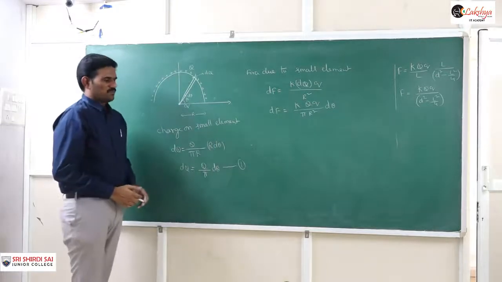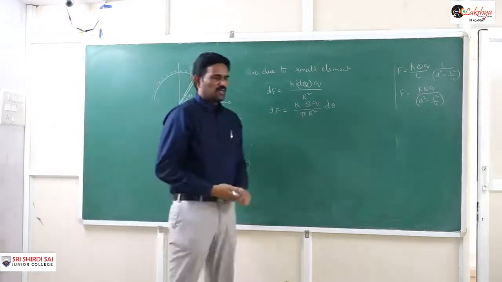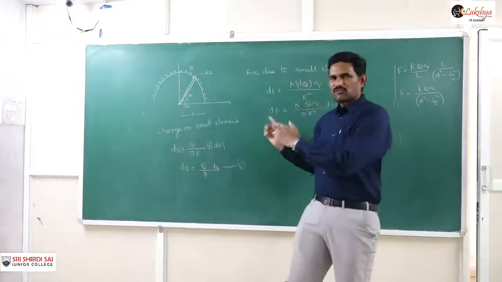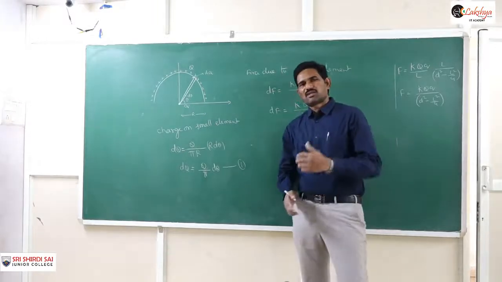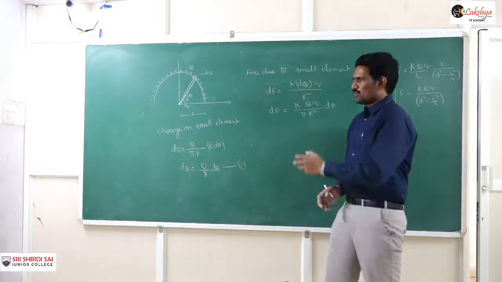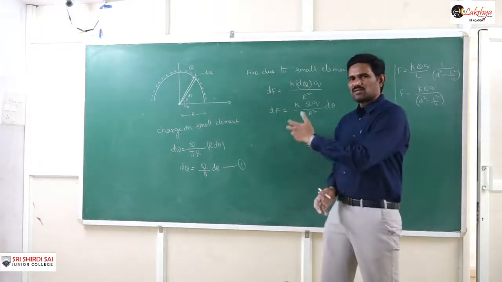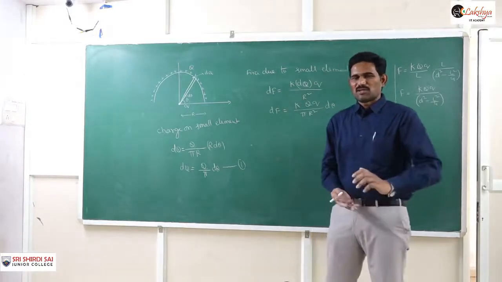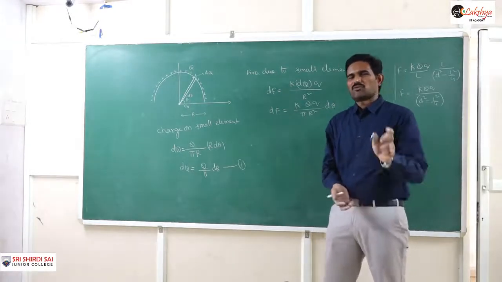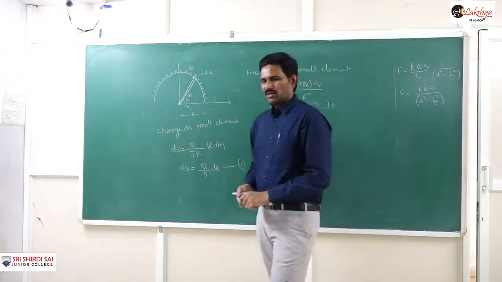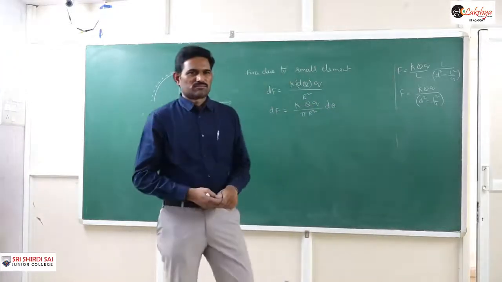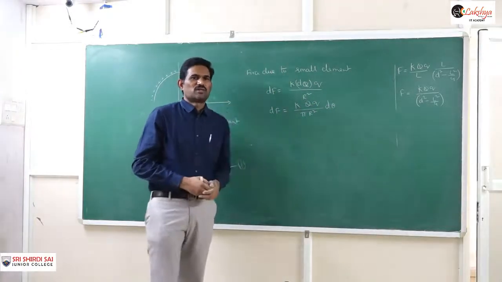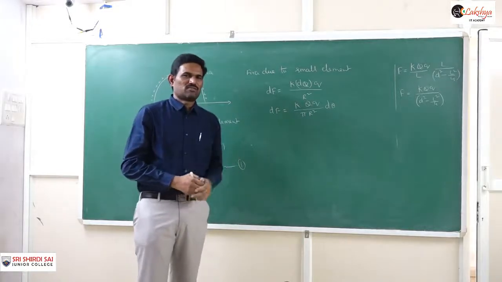In the previous problem, after writing the force acting on the small element, we directly integrated. Whenever there is a continuous charge distribution, and this is common for every topic, whenever you are going to integrate a vector quantity, first we need to find the direction of the vector.